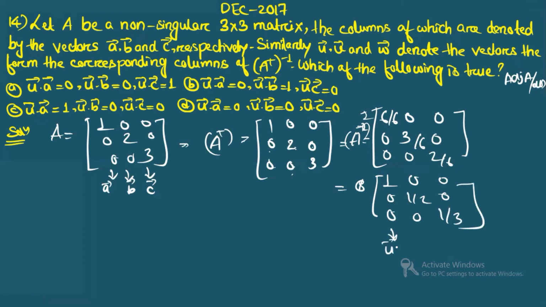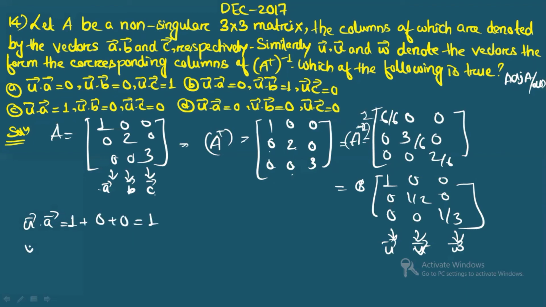And here it was said its columns are denoted as vector U, vector V, and vector W. Now what you will get from here, when you see it, is A, B, and C. And here you have this one. So if you do U dot A, this row with this row, what will you get? 1 times 1 is 1, plus 0 times 0 is 0, and 0 times 0 is 0.